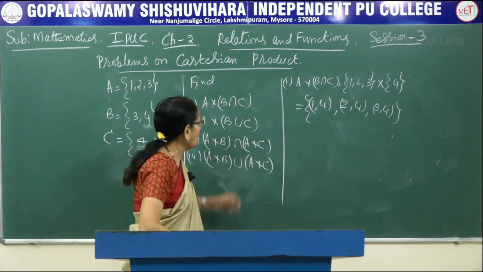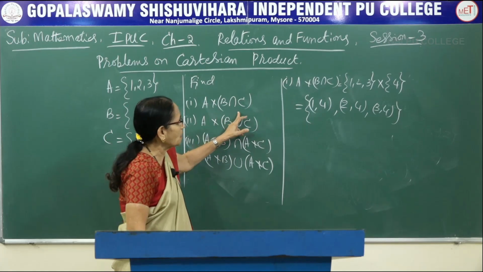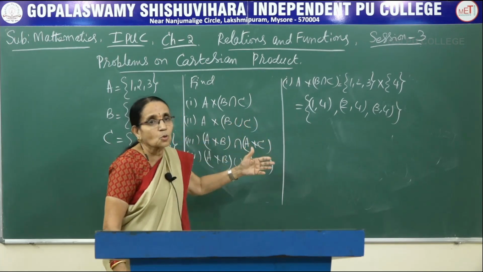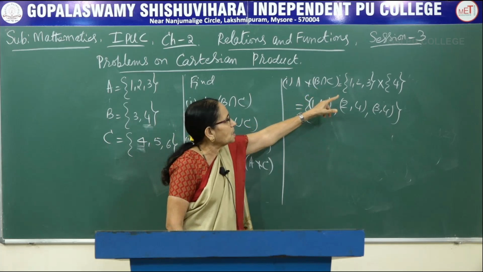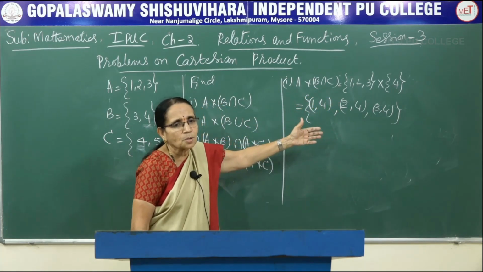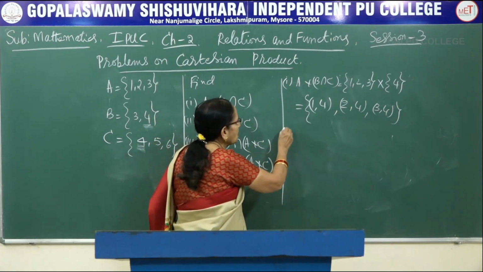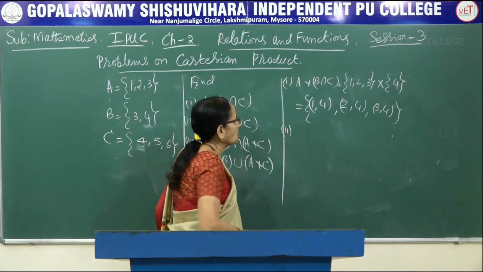All 4 of them will not be asked in the same problem. Any one of them would be asked. Usually it's given for a 2-mark question. One for writing B intersection C like that, another for writing the actual elements of the Cartesian product.